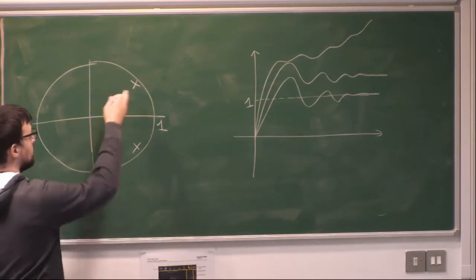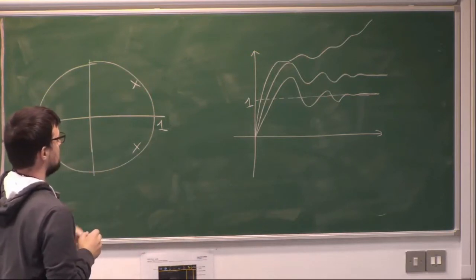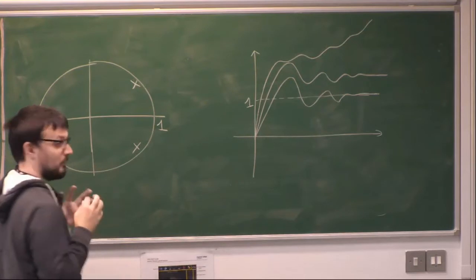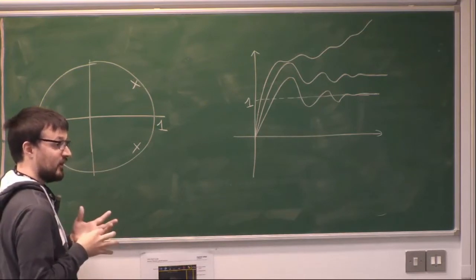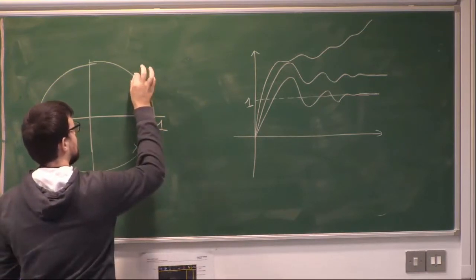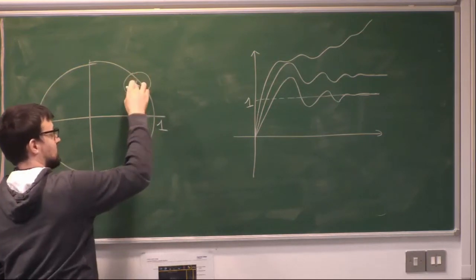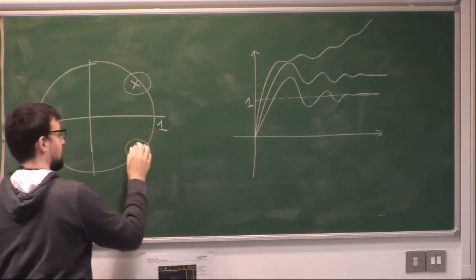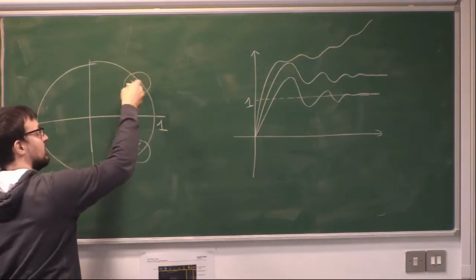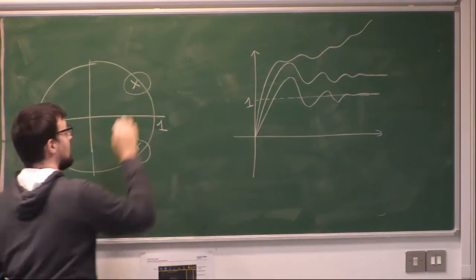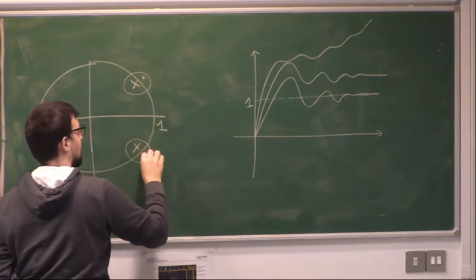And these are the poles that have been obtained, so these are the poles of the closed-loop system. Now, what happens if our plant is actually a bit different from what we thought? It's possible that our pole does not actually happen at this point, but it may happen in any point inside this little circle. And it may actually happen to be here, okay?